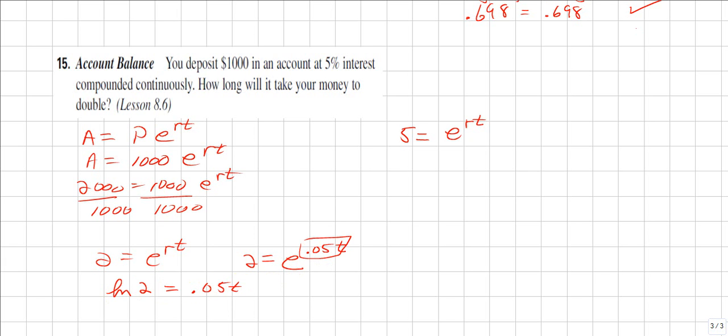So the ln of 2 is equal to 0.693. Now I'm going to divide both sides by 0.05. And what I would get is 13.86 is equal to t. So t would be equal to 13.9 years.